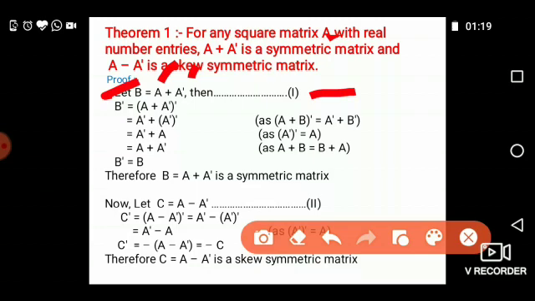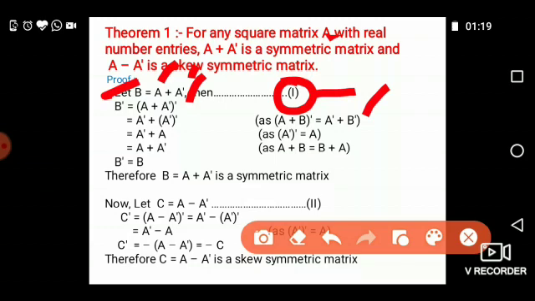To prove that A plus A dash is symmetric, let me take the transpose of equation number 1 on both the sides. Therefore, B dash is equal to A plus A dash the whole dash. This is by taking transpose on both the sides. Then, by the properties, A plus B the whole dash is always equal to A dash plus B dash.